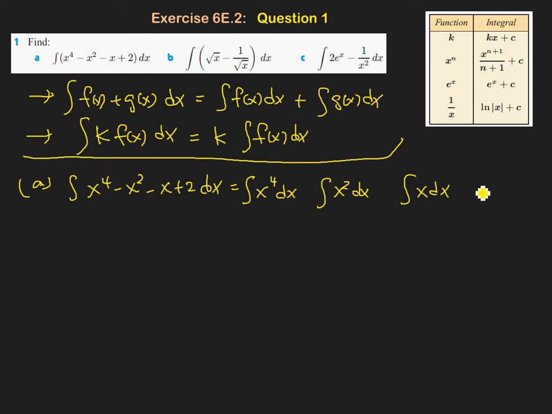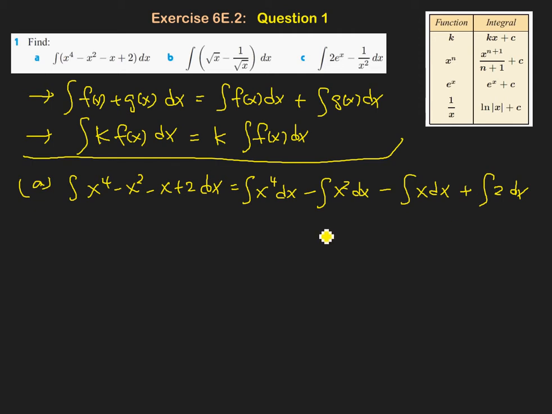This is according to the first property, but instead of just 2, now we have 4. How about the operators in between each one? Between x to the power 4 and x squared, we had subtraction, so we write minus. Here we have minus, and we have plus.